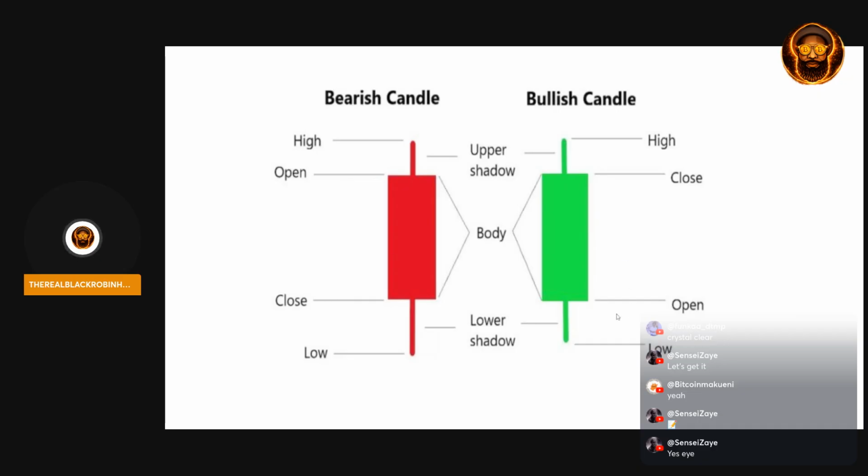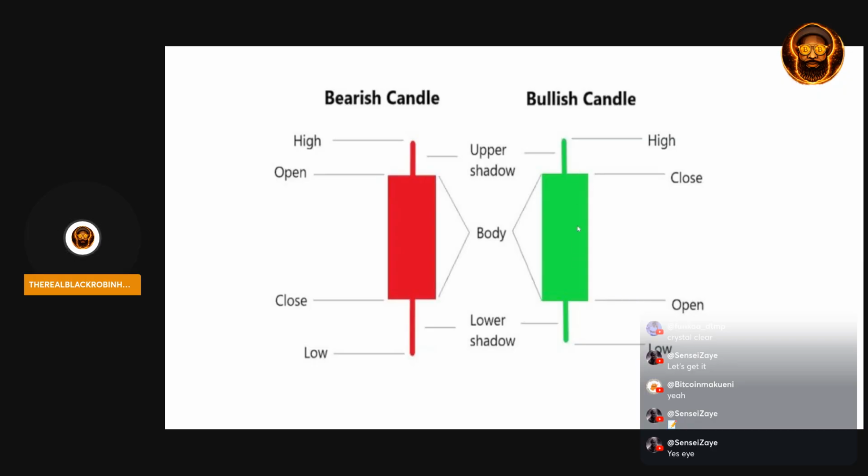So how do you determine what a bullish candle is? If the candle opens and it closes higher than it opened, then it's bullish. Which means that if the price is at $10 at open and at 10:30 the price is at $10.50, then it will create a bullish candle because the close is higher than the open.